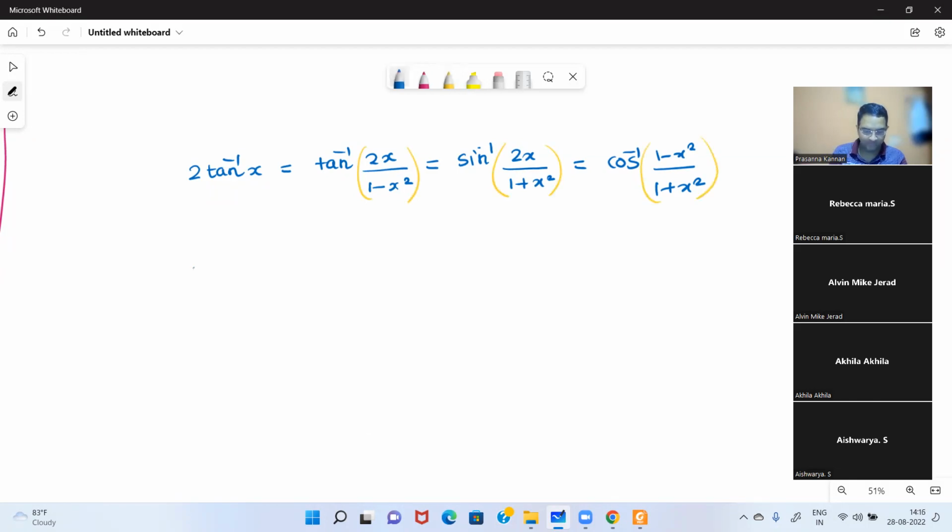Similarly, we had learned 2 cos inverse x is equal to cos inverse of 2x square minus 1. Similarly, 2 sin inverse x is equal to cos inverse of 1 minus 2x square.